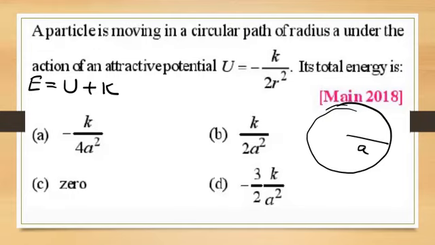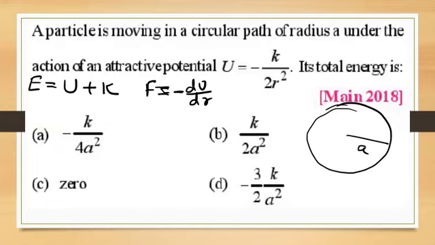Here you see potential is given as U is equal to minus k upon 2r square. Okay, it is not potential energy, it is potential, but we know that force is equal to minus dU/dr. It means the negative gradient of potential is called the conservative force.